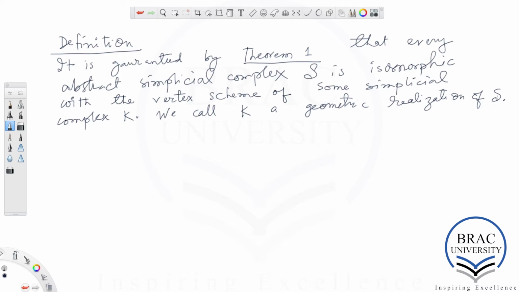So now the underlying geometric simplicial complex K is called the geometric realization of S. This is somehow the way we arrive at the geometric simplicial complex K from the abstract simplicial complex S. Okay, example 1.